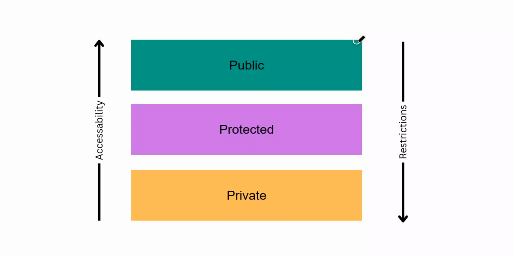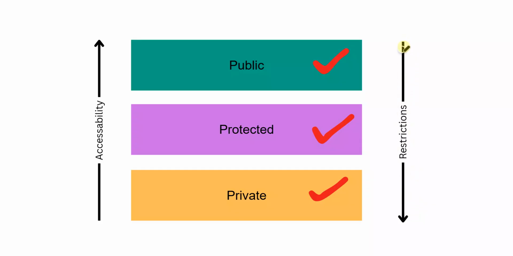There are three types of access specifiers. The first one is public, the second one is protected, and the third one is private. Going toward public means that you are getting accessibility. If you are on public, you get accessibility to all the data members which are public. But if you go from public to private, it means that you are putting a restriction and the data will not be available outside the world.